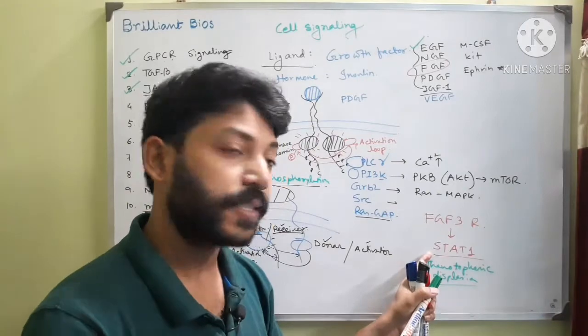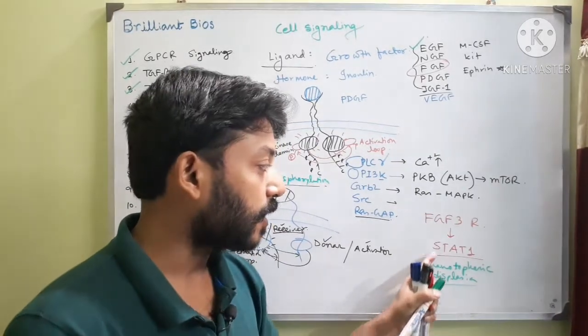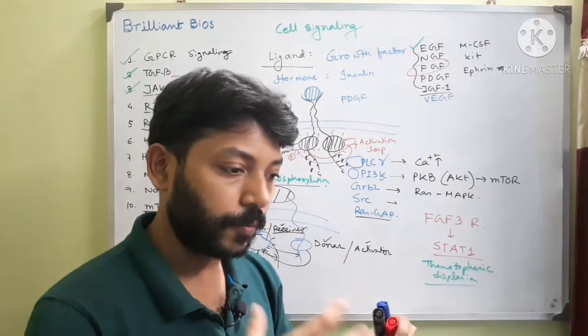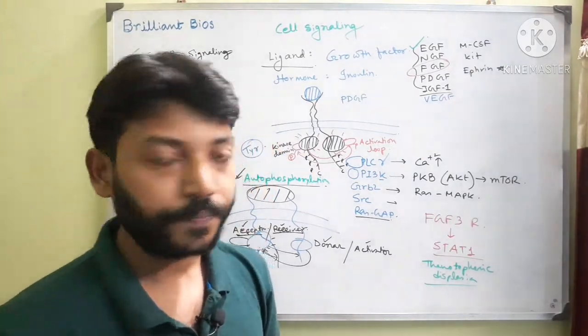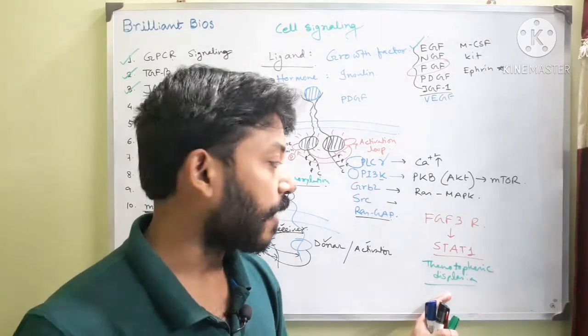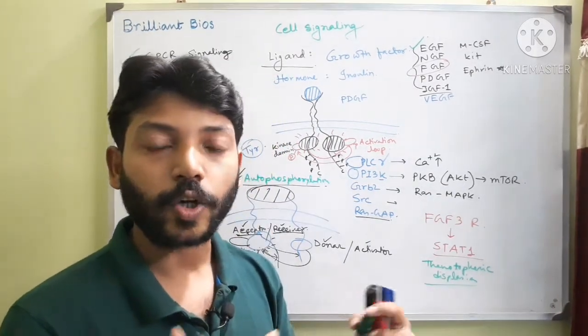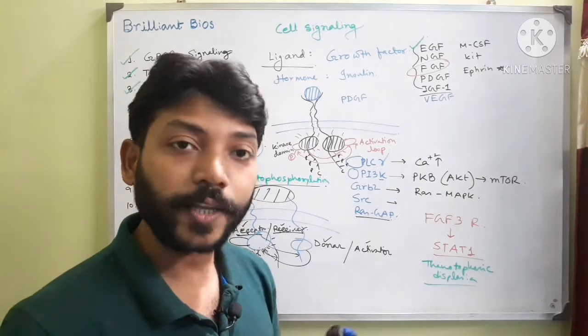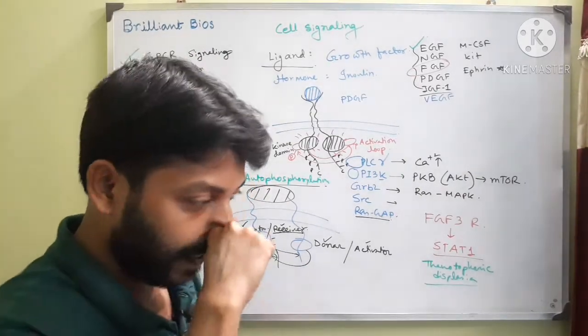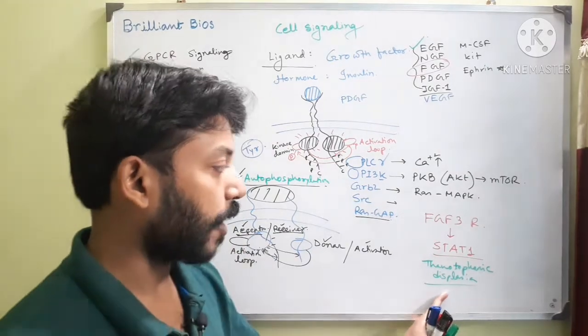Then it activates STAT1, and STAT1 actually blocks the growth of chondrocytes, so the newborn baby has short legs, short hands, and also a very short thoracic cage, and they die eventually. This is called thanatophoric dysplasia.